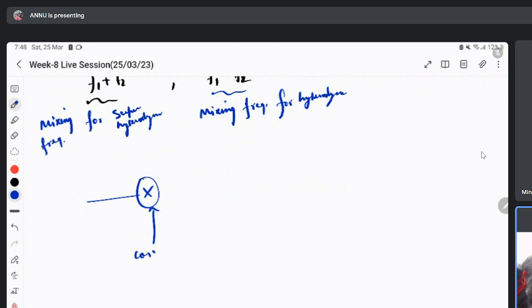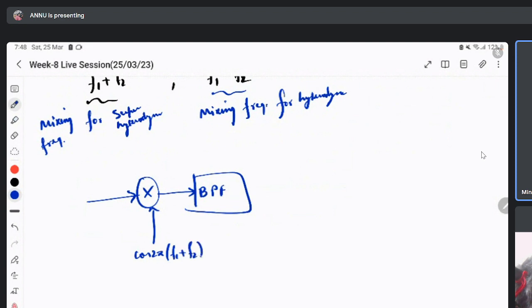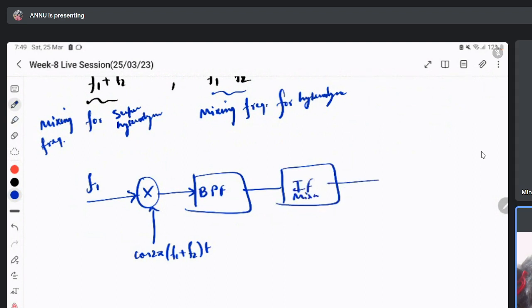What is the frequency? Input is in F1, the input message frequency. Yes, ma'am, this is the IF mixer, and at the end, what are the blocks? Amplifier, then demodulation.